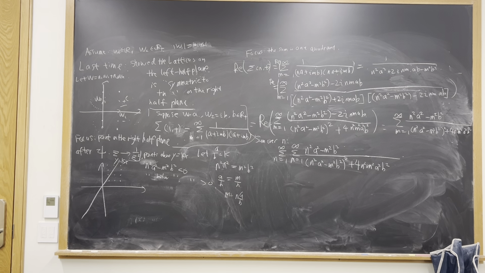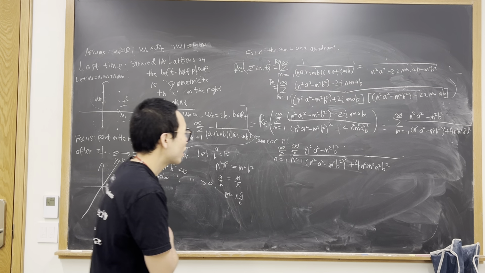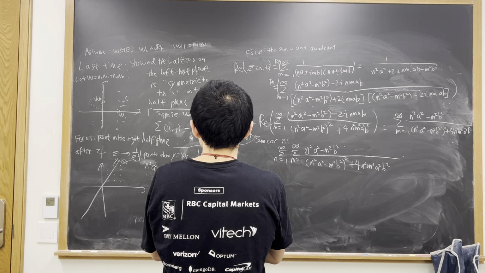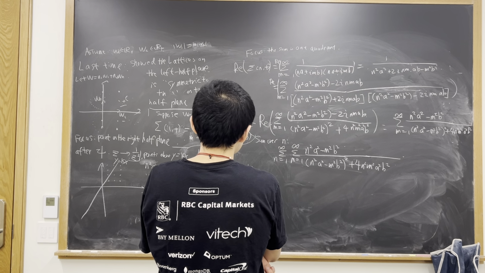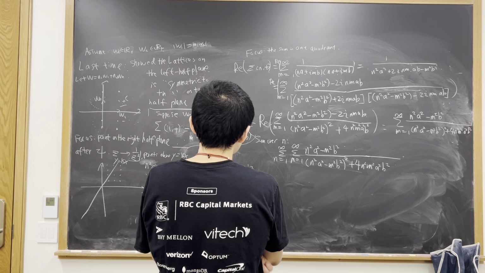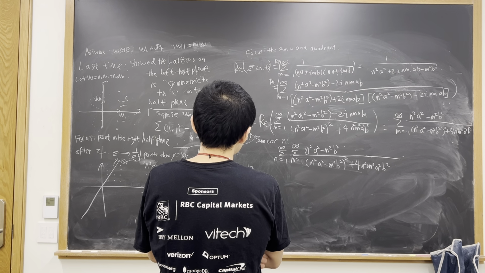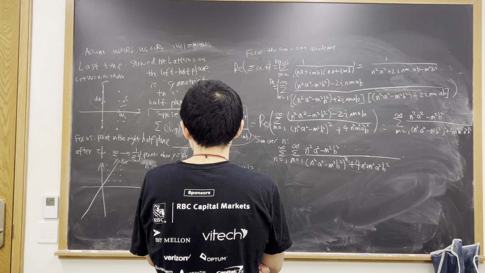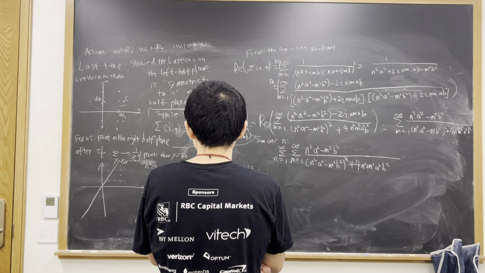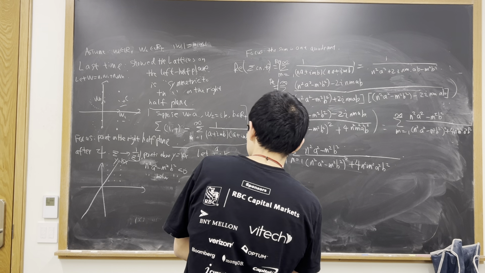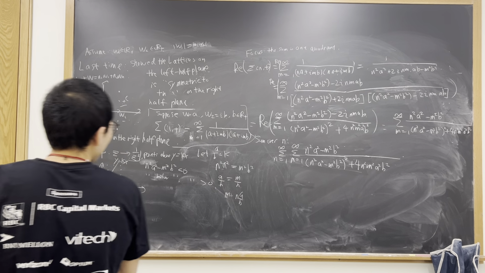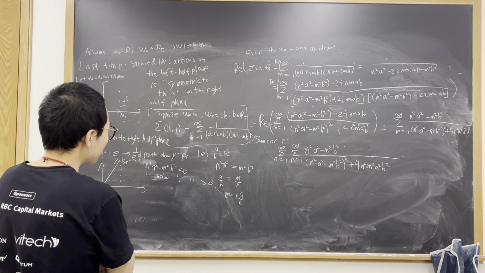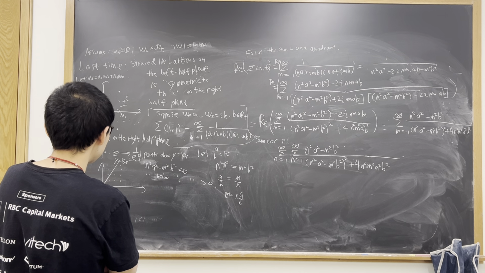So if I run the barrier argument, okay, I think I need to get as much cancellation as I want in this case, right?